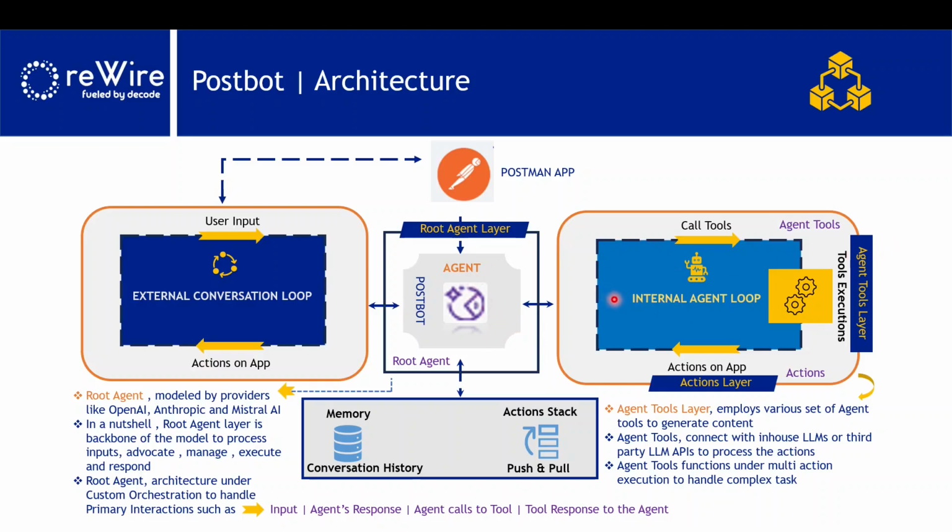It's not just a simple user interface layer where you give the input and take the output. Behind that there is a lot of technology involved, and a lot of agent tools are integrated to deal with any kind of input that the user is giving.